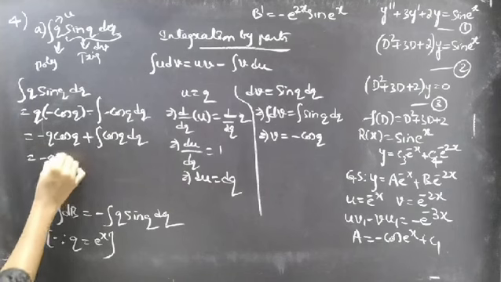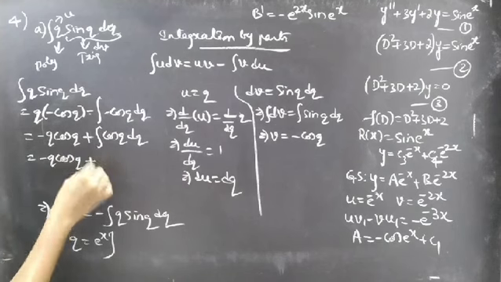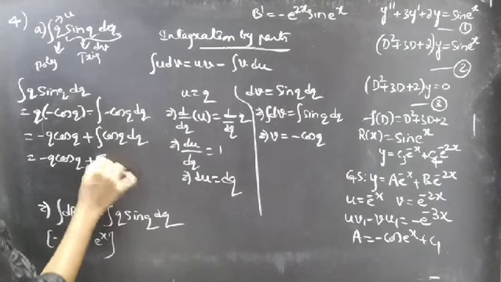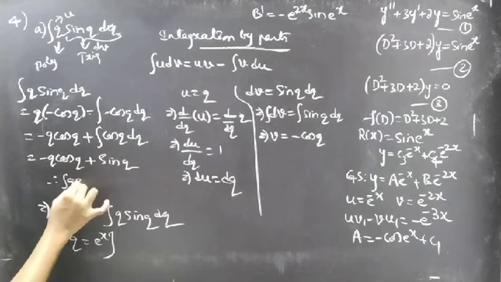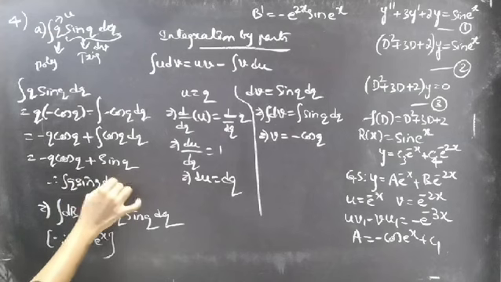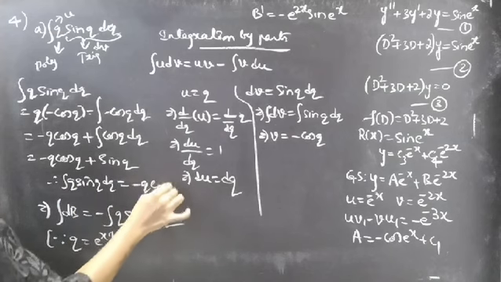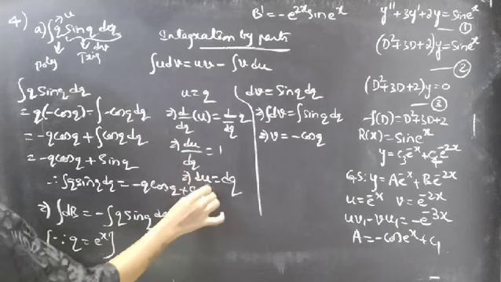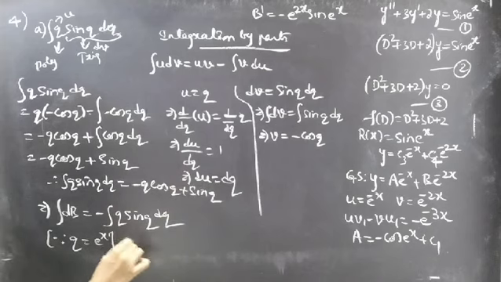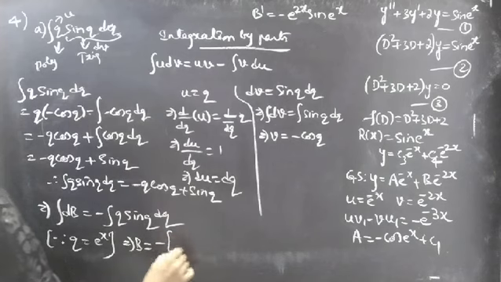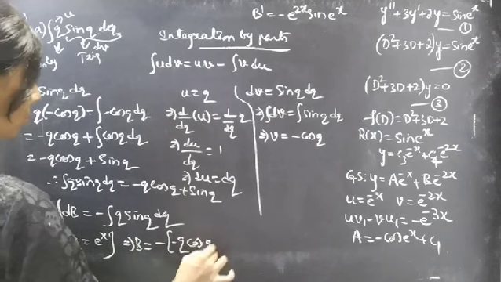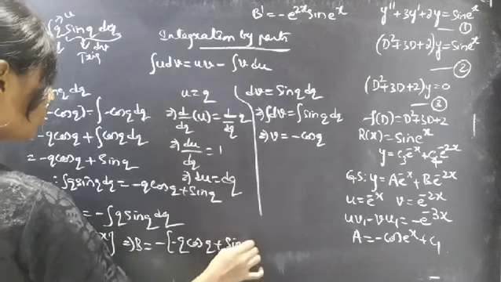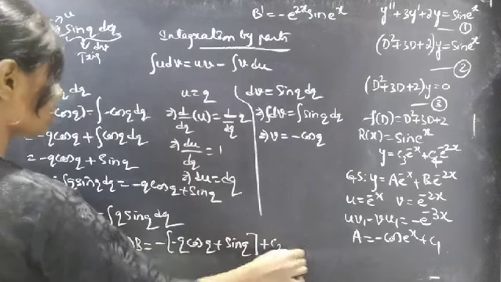This gives us minus q cos q plus integral cos q dq, which is sine q, right? Therefore integral q sine q dq equal to minus q cos q plus sine q, right? So from this we'll get integral db equal to minus integral q sine q, which is minus q cos q plus sine q, plus an integral constant, say c2.